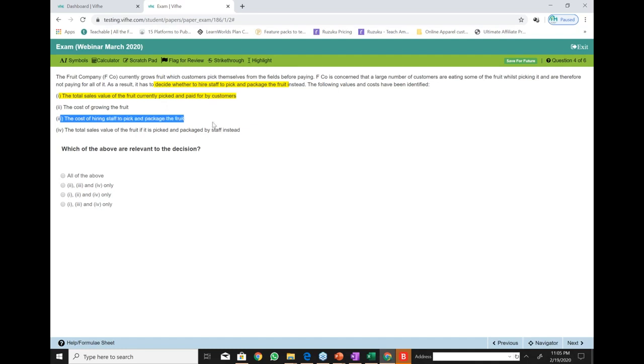Then the cost of hiring staff. Yes, definitely. The total sales value of the fruit if it is picked and packed by the staff instead. Yes, definitely.